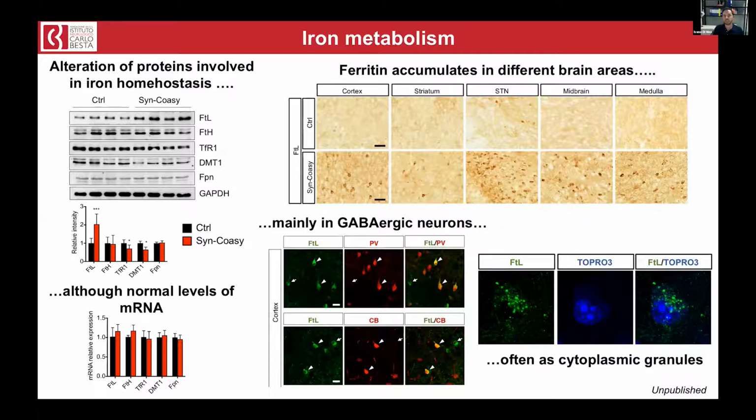This alteration suggests iron alteration and maybe iron accumulation, but we were unable at the beginning to analyze, to measure and observe evident accumulation of iron by typical approaches such as the Perls staining or spectrophotometric analysis.